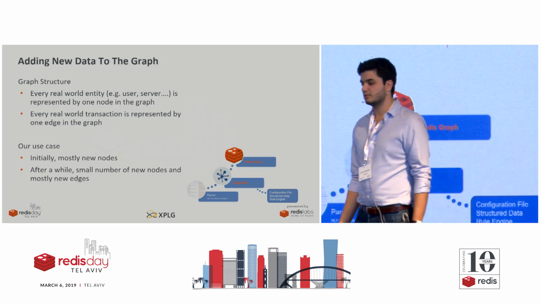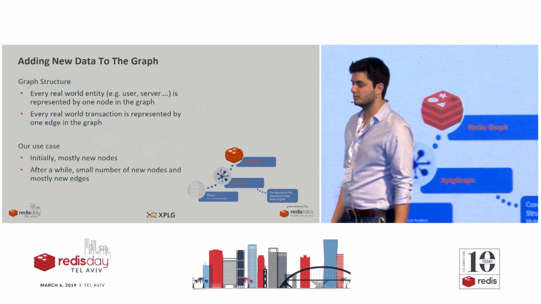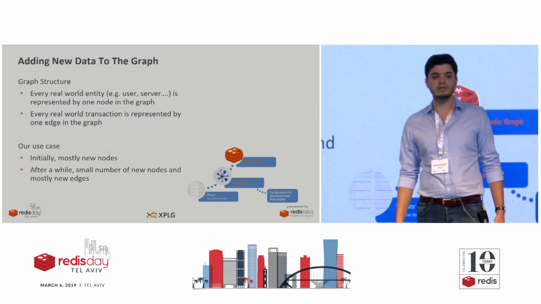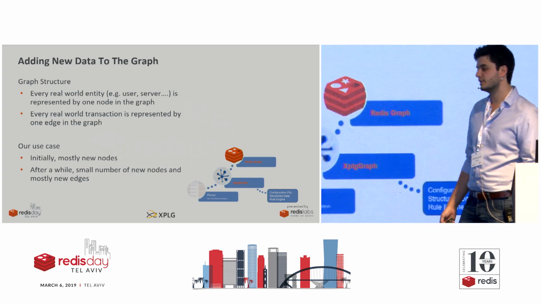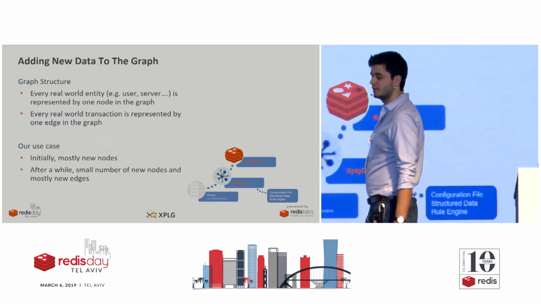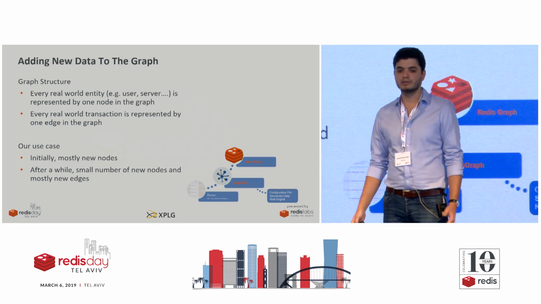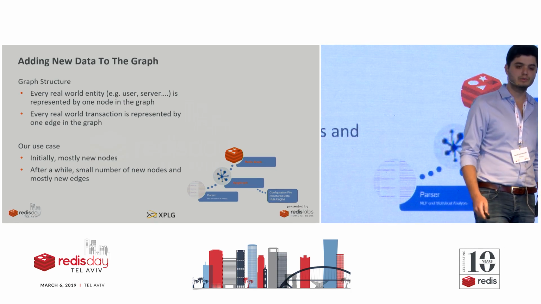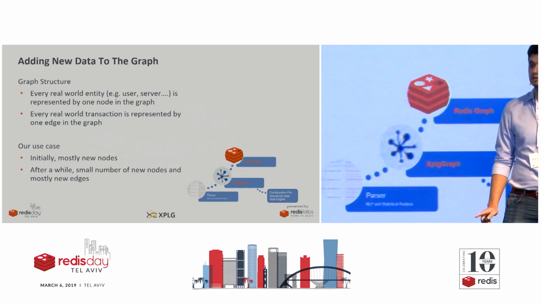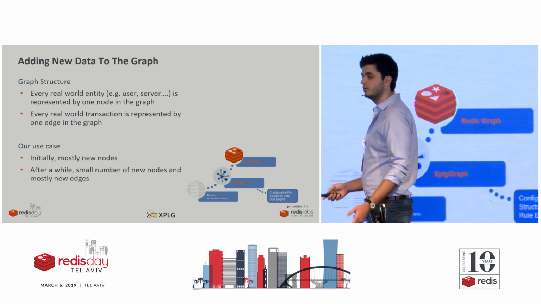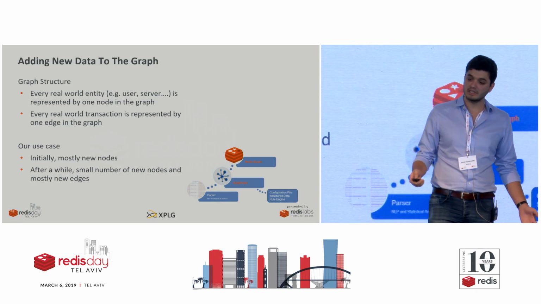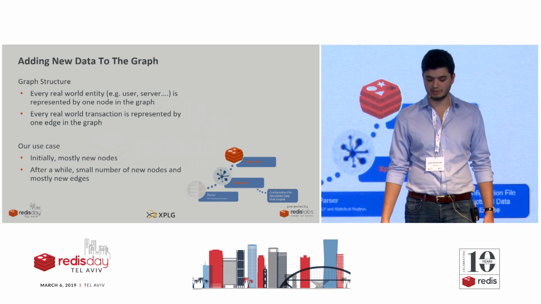Adding data to the graph isn't very simple because we need to find a good way to model this data. We did some testing and we decided that for our use cases, we will model every real-world entity as a node in the graph, exactly one node. So for example, a real-world entity can be a user or a system, server, or any kind of application.